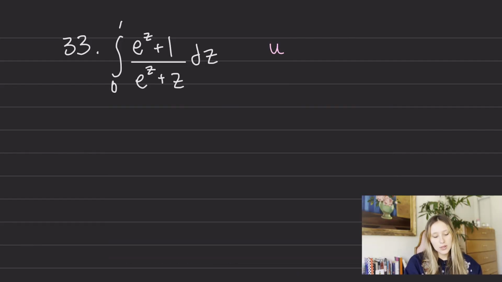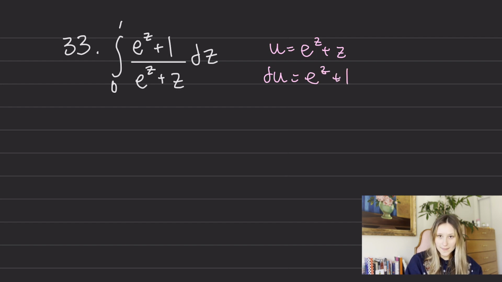We're going to do u substitution here, okay? So let's do u equals e to the z plus z. du is going to be e to the z plus 1 dz. Plugging that in, we get 1 over u du.